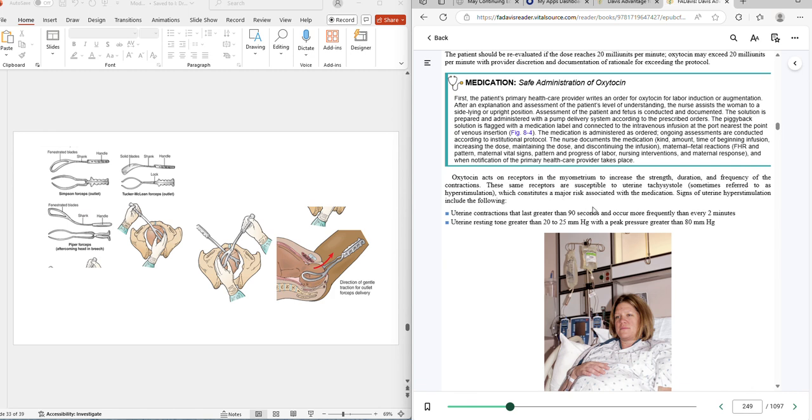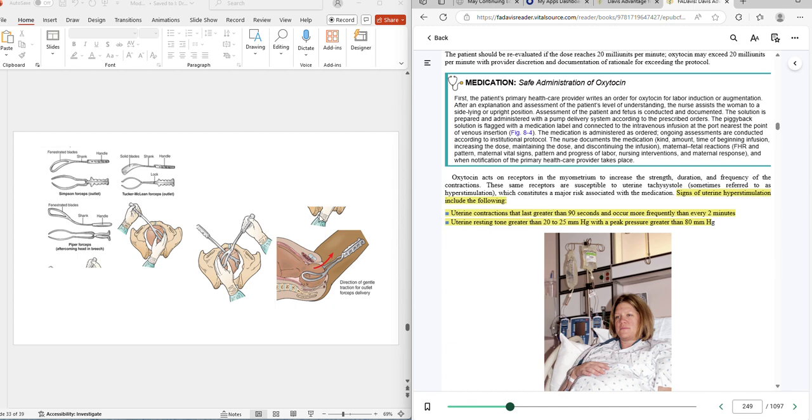Signs of hyperstimulation include the following. So you need to know this as a wink and lollipop, okay? Know what is deemed hyperstimulation, okay? That's uterine contractions that last greater than 90 seconds and occur more frequently than 2 minutes. And then uterine resting tone that's greater than 20 to 25 millimeters of mercury with a peak pressure of 80 millimeters of mercury.